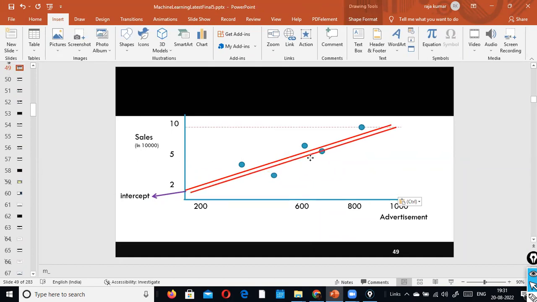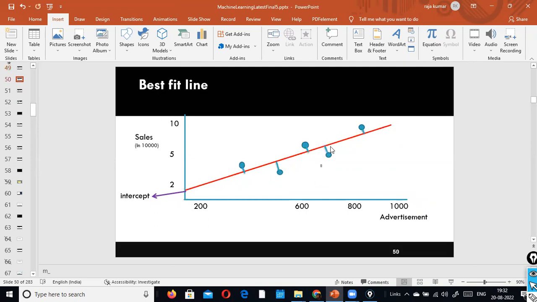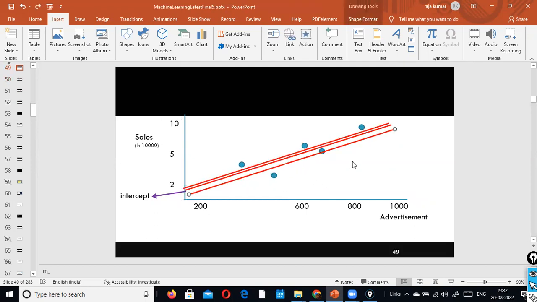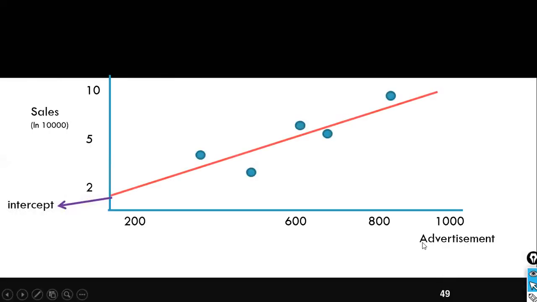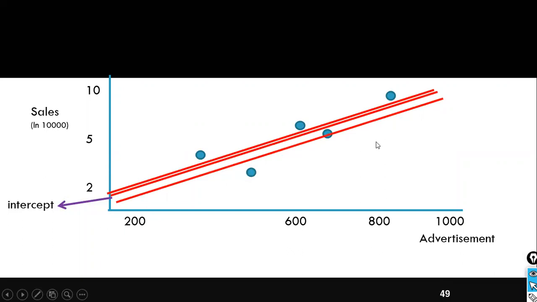I can draw a line here, somewhere here also, right? And somewhere here also. So the predicted values are there on these three lines. Now I call them A, B and C.